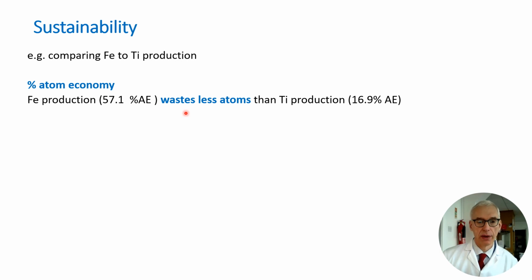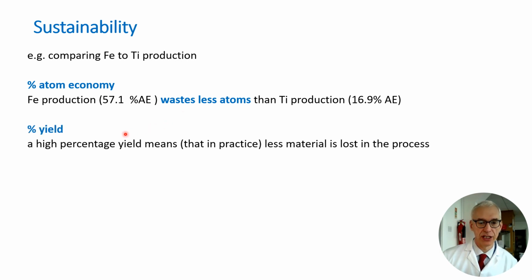So if we also then include the idea of percentage yield, well, a high percentage yield means that in practice, less material is lost in the process. So in our lesson earlier, we had a relatively low percentage yield, and the second problem took us to a relatively high percentage yield. The high percentage yields mean that less material is lost, and therefore to get a certain amount of product we need less reactant, so that is both more sustainable but it's also more economic.